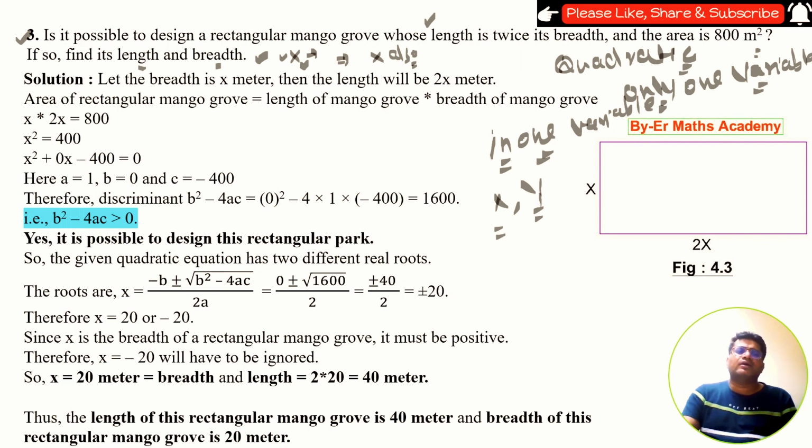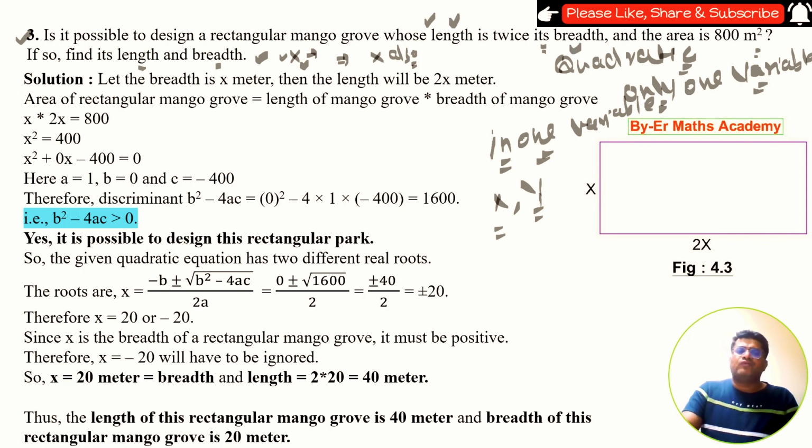See here, again you read this statement very carefully. It is possible to design a rectangular mango grove whose length is twice its breadth. What is it saying? The length is twice its breadth. It means the relation between the two unknown things is given.